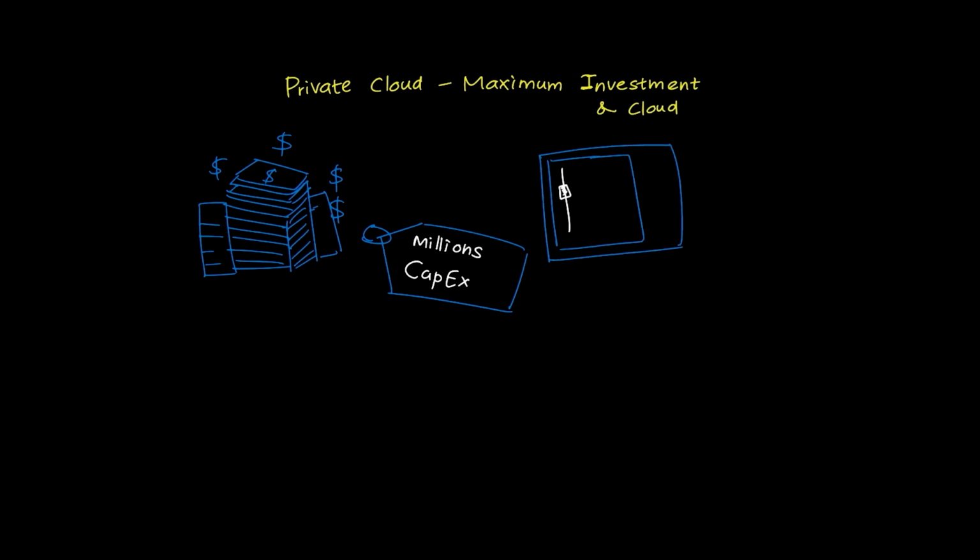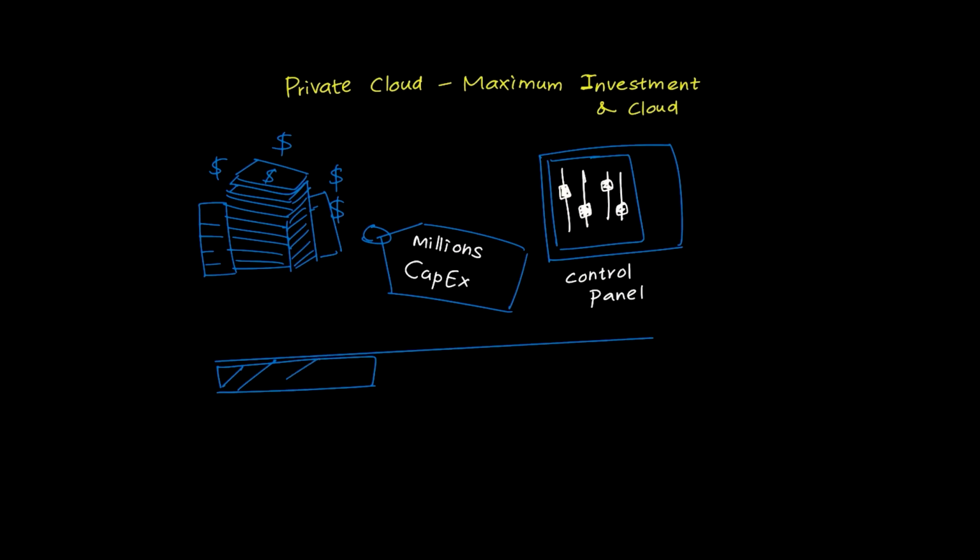However, for organizations handling extremely sensitive data or operating under strict regulatory requirements, this investment buys complete control over every aspect of the infrastructure. You control physical access, network configurations, security implementations, and compliance measures without any multi-tenancy concerns.